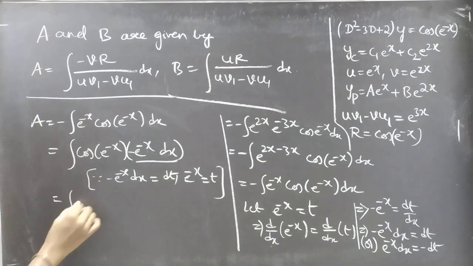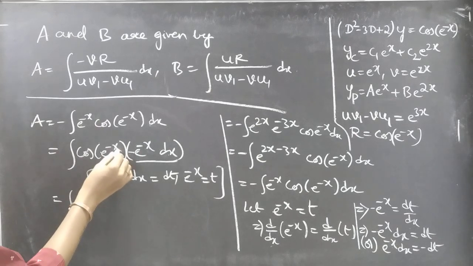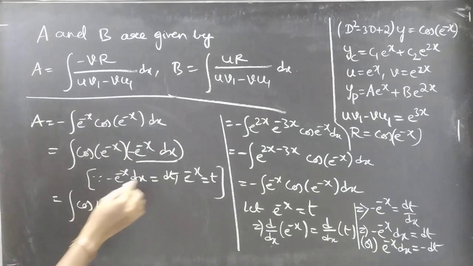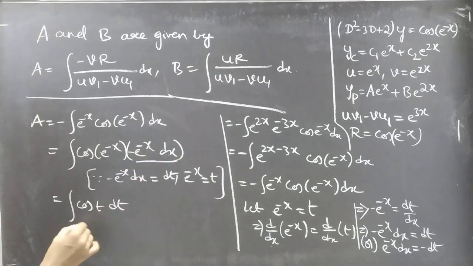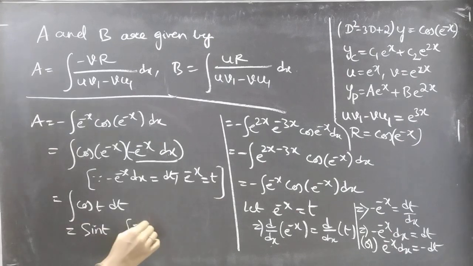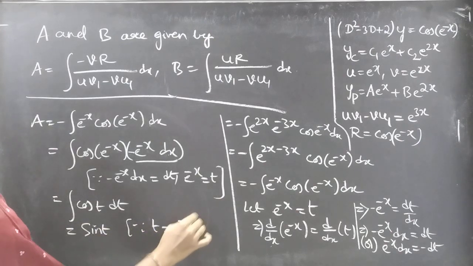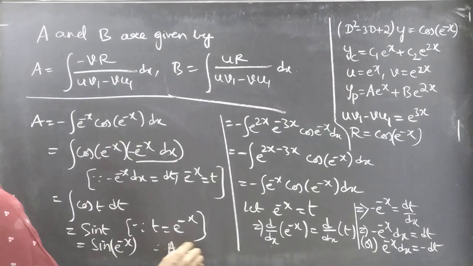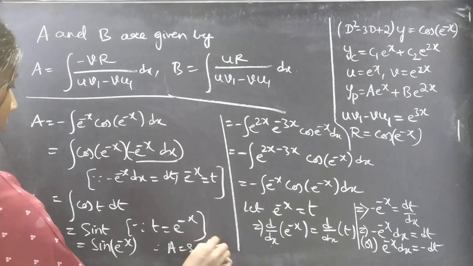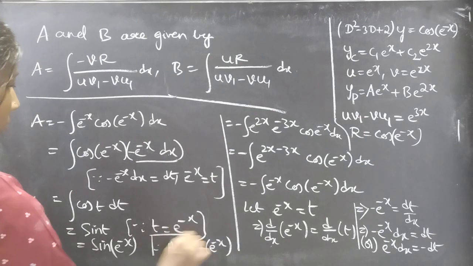Then A becomes the integral of cos t dt. We know that the integral of cos t dt is sin t. Since t equals e^(minus x), we'll get sin e^(minus x), right? So we got A, therefore A equals sin of e^(minus x).